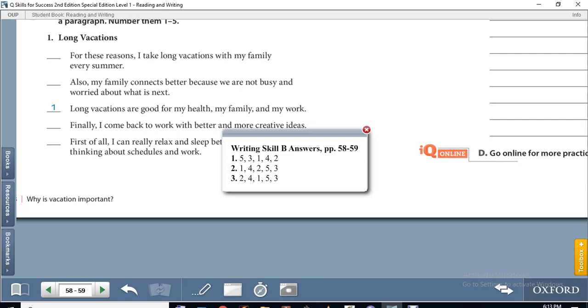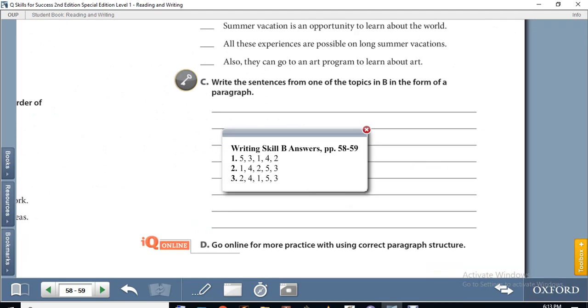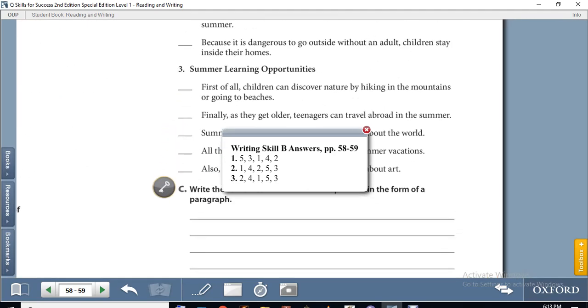And this is sentence 4: "Finally, I come back to work with better and more creative ideas." And finally, this is number 5, the concluding sentence: "For these reasons, I take long vacations with my family every summer." Moving on to the next group of sentences.